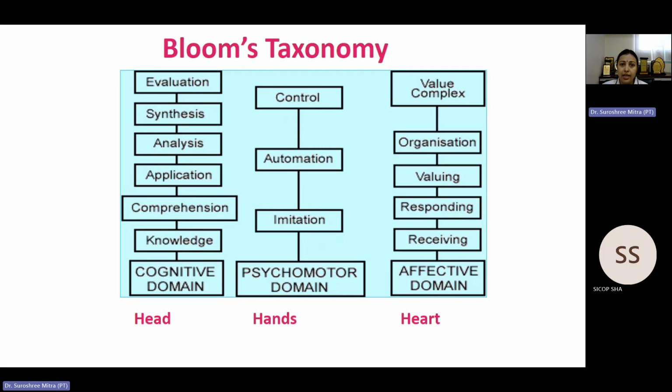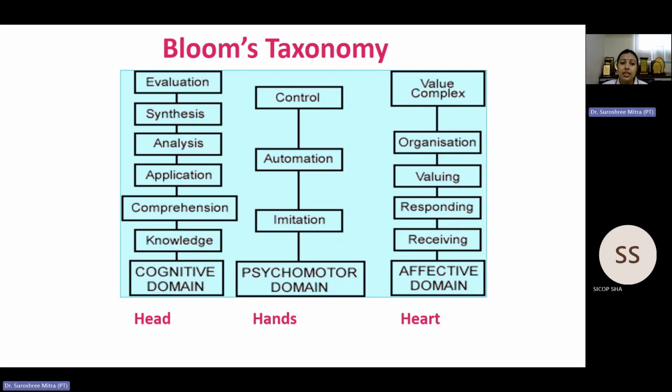In this level, they try to understand how to differentiate which medicine or which exercise to be given in which condition. What are the contraindications? When a modality should not be given, when it should be given. So all this understanding of contraindications and indications comes at the level 4 analysis level.